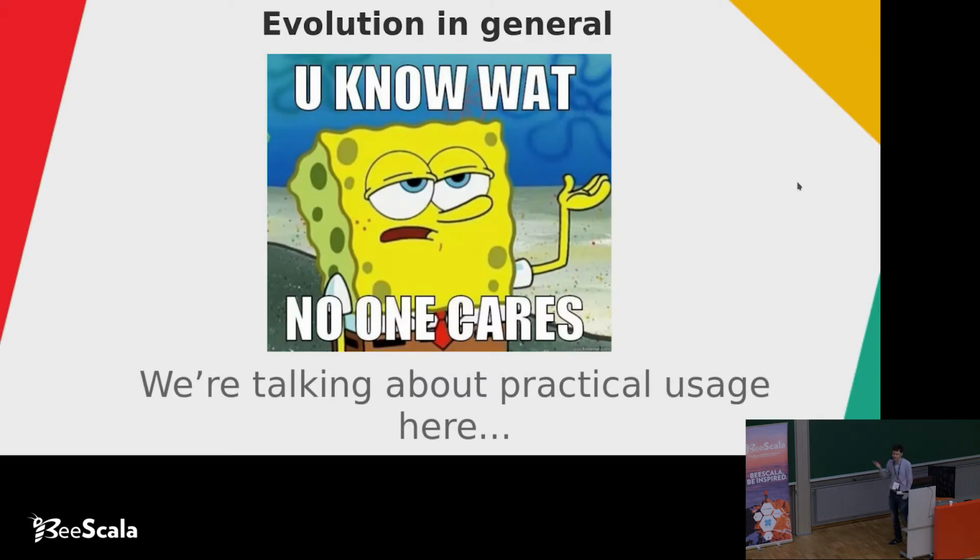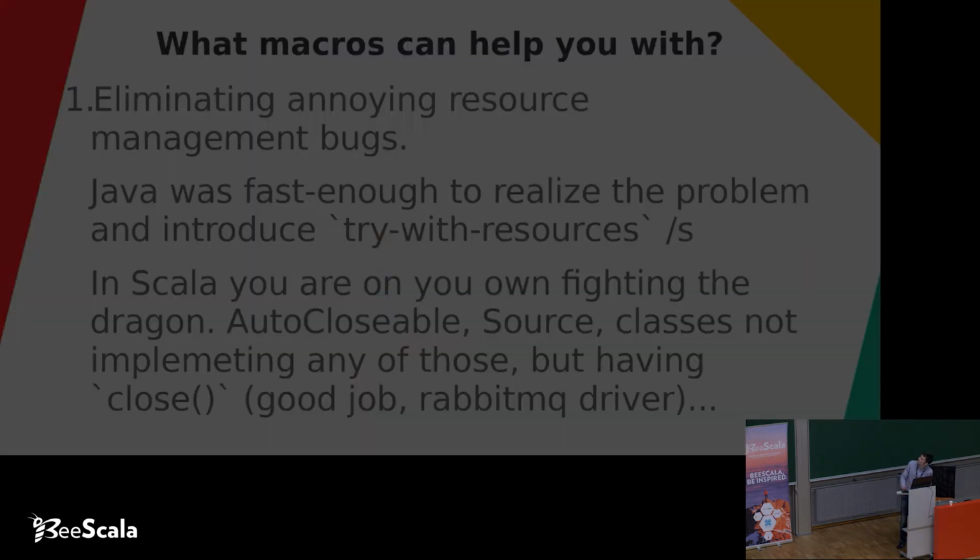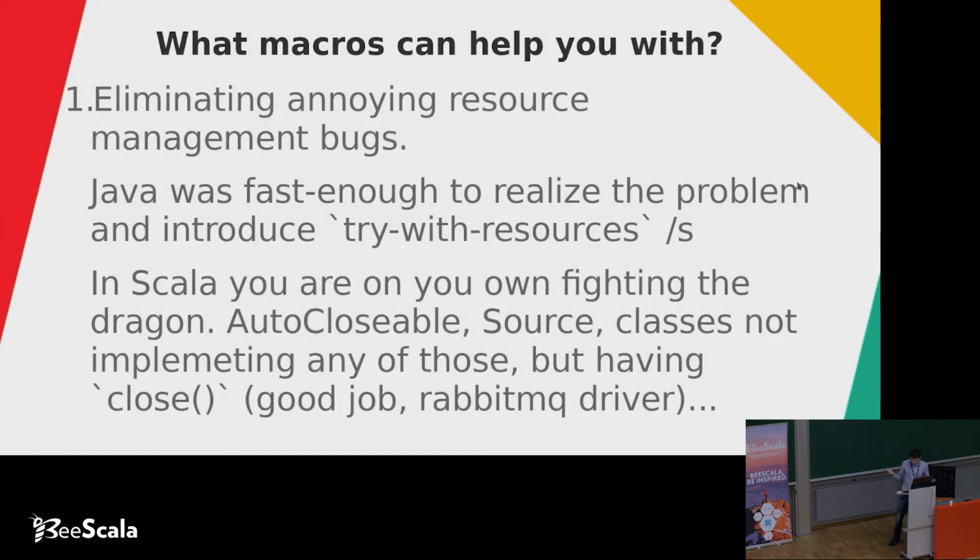But who cares about the history? We only care about the things we really do, because the tool is not here yet, so what's the point? What macros can actually help you with is eliminating resource management bugs, those stupid things.